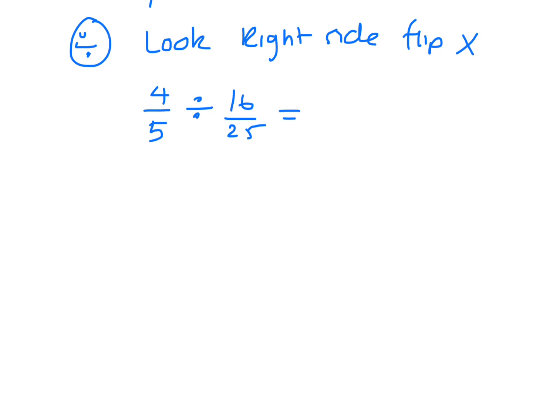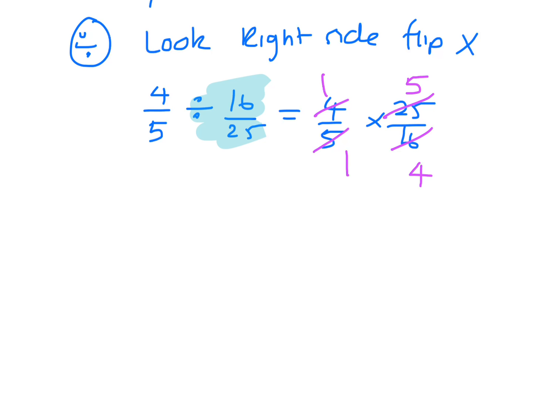So when you divide, look to the right side. So you've got 4 on 5. Flip it, so you get 25 on 16 and multiply. So 4 goes into 4 once and in 16 4. 5 goes into 5 once and into 25 5. 1 times 5 is 5. 1 times 4 is 4.